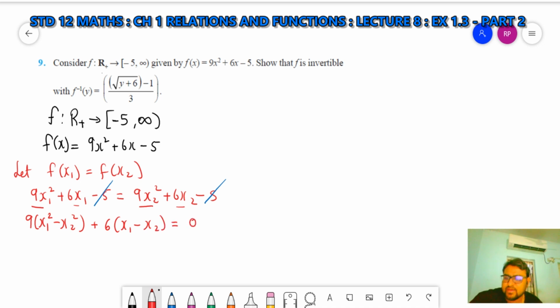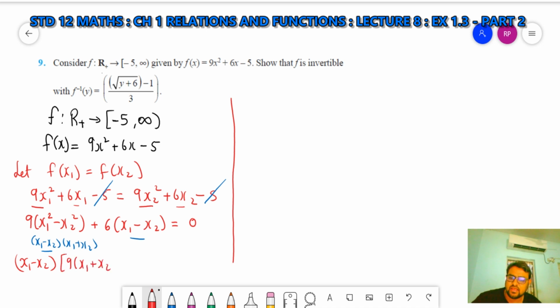Now x1² - x2² can be written as (x1 - x2)(x1 + x2). So I can take x1 - x2 common, and it will be (x1 - x2)(9(x1 + x2) + 6) = 0.